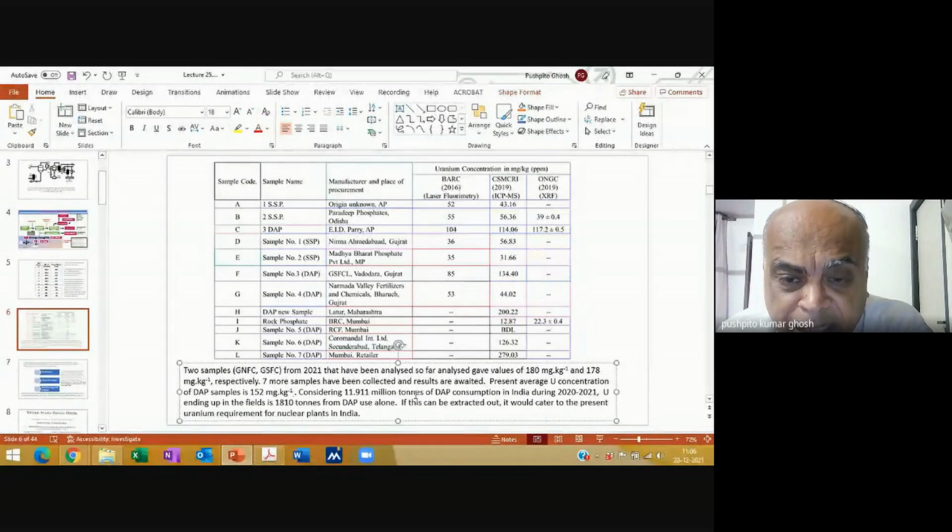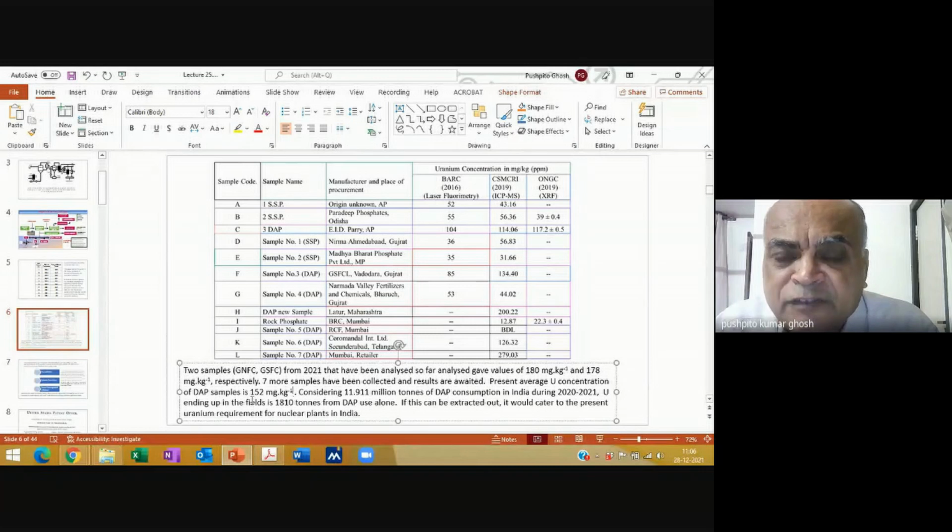11.91 million tons of DAP being consumed, the DAP alone means that you are actually putting into our agricultural fields, not you, we are, 1810 tons of uranium. How much does 1810 tons of uranium amount to?